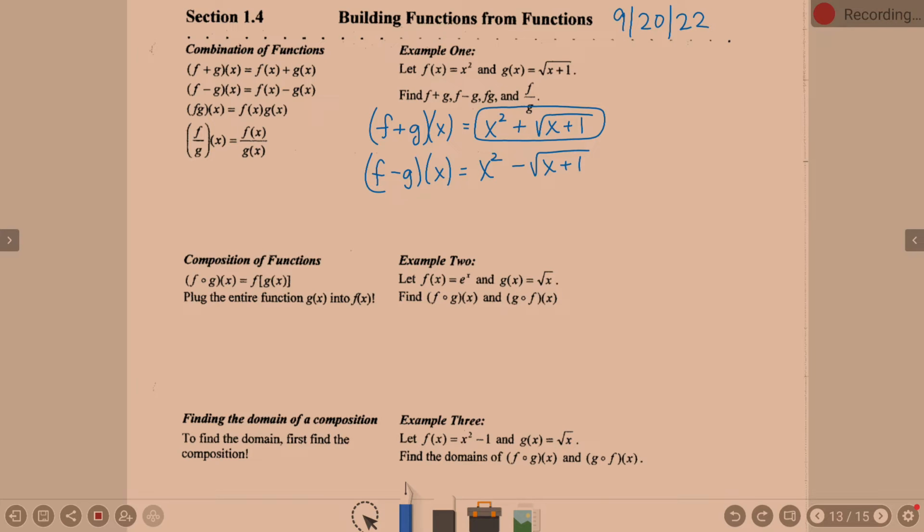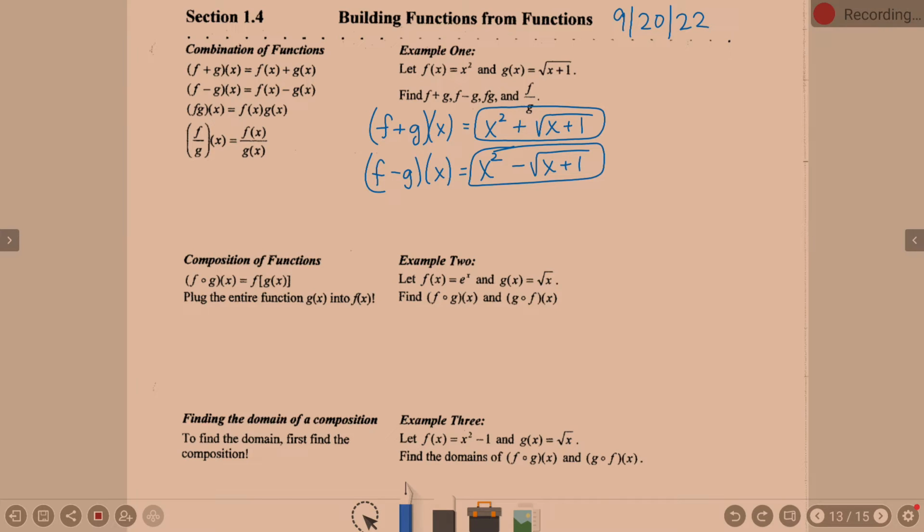When I go to clean it up and simplify, what is x squared minus the square root of x plus 1? X squared minus the square root of x plus 1. Obviously, if there are like terms, should you add them? Yes. Will you see some like terms in homework at times? Yes. Will there always be like terms? No. So just beware.